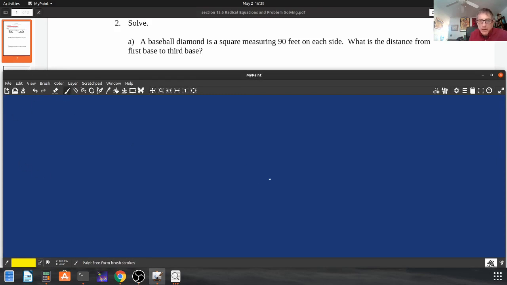A baseball diamond is a square. So here's first base. No, sorry, I guess that's home. It's been a long time. Here's first base. Here's second base. Here's third base. And this is supposed to be a square.